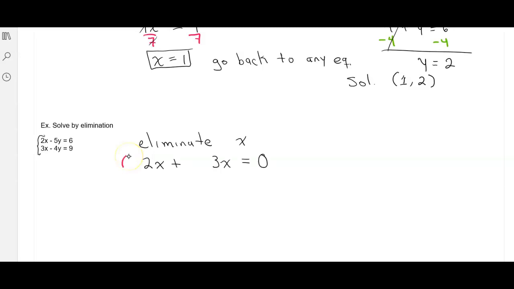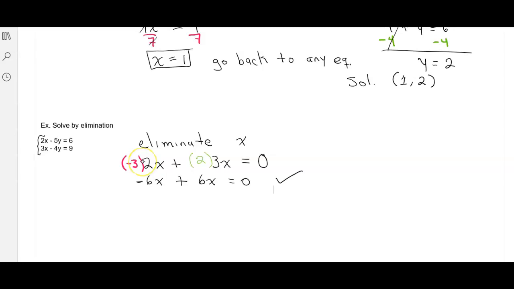So this means that this one could be multiplied by a -3, and the other one we could multiply by a +2. When we do this multiplication, we get a -6x plus +6x equals 0, which is exactly what we want.